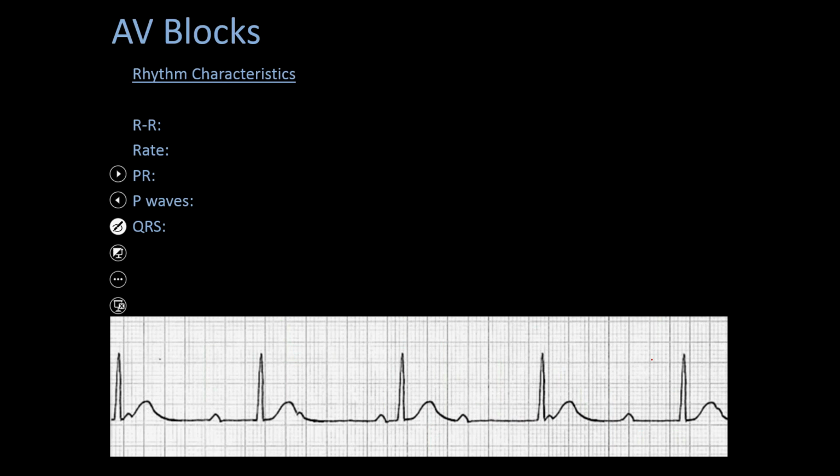Okay, here's a strip to evaluate. Let's take a look at this. Now, is this second-degree AV block type 1, or is this third-degree AV block with a junctional escape rhythm? Let's look at the R to Rs. R to Rs look very regular to me.